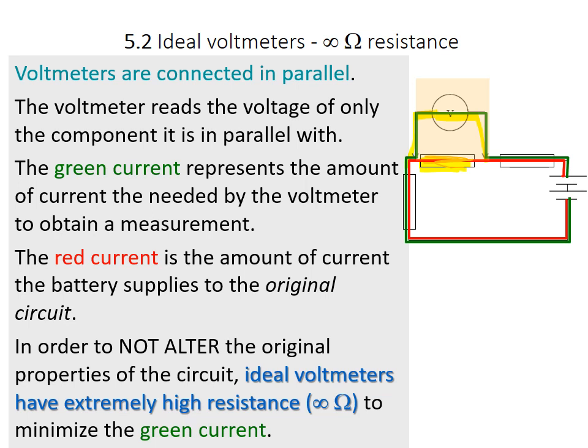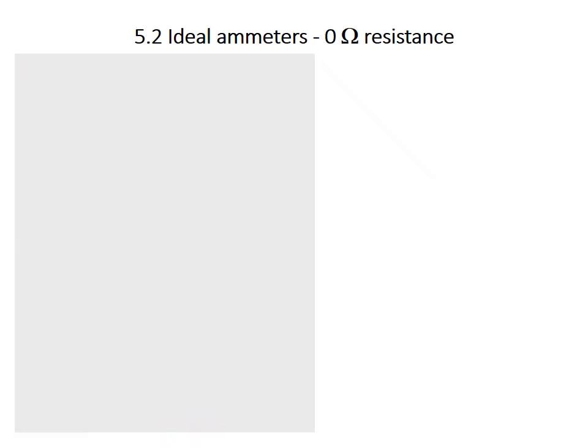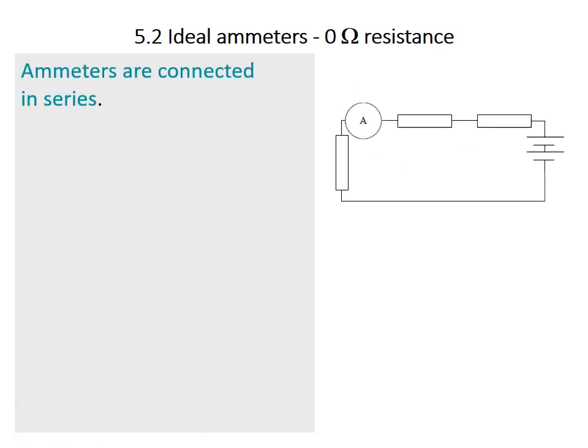The red current is the amount of current the battery supplied to the original circuit. Because you don't want your voltmeter to alter the properties of the circuit, an ideal voltmeter would have an extremely high resistance, like an infinite resistance, to minimize the current it draws from the circuit. And then we have ideal ammeters. An ammeter is a device that measures a current in a circuit.